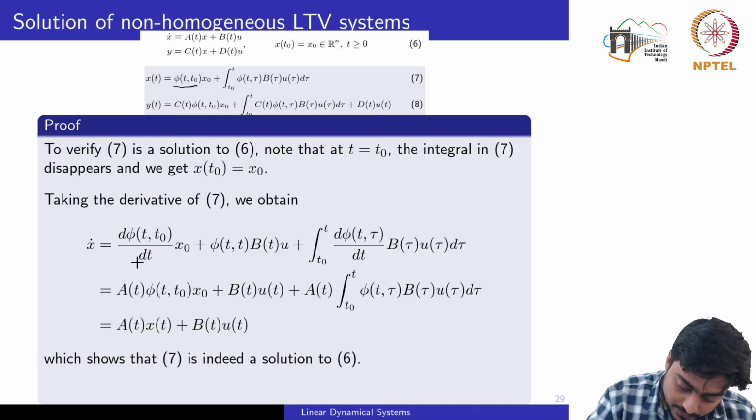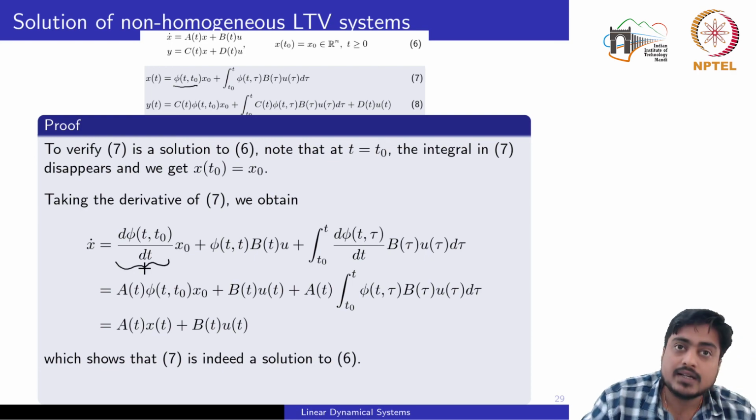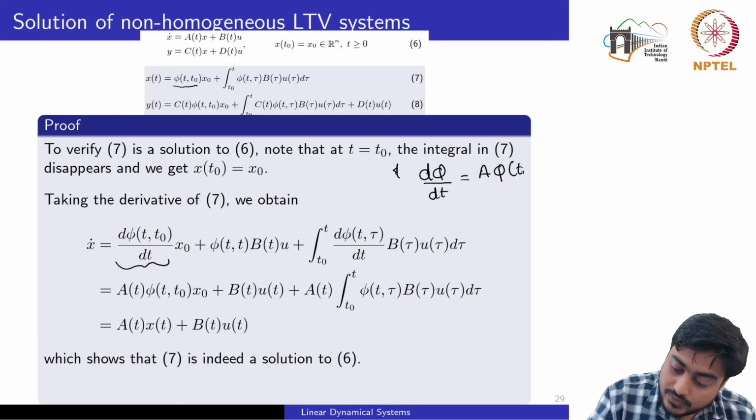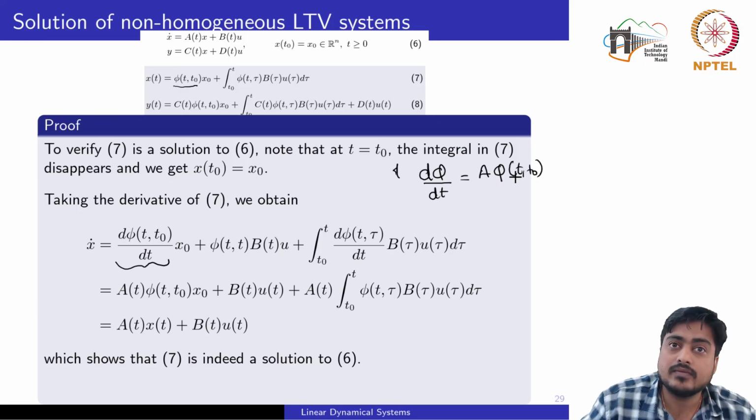Now we can replace this part d phi by dt by using the property, which is given by d phi by dt is basically A t phi t comma t naught. This was the first property of the state transition matrix.